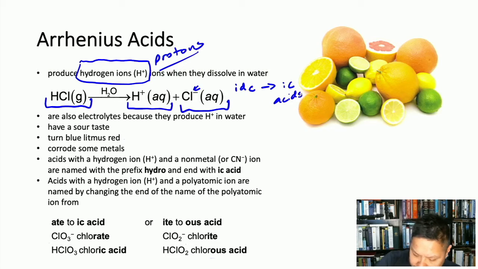And since these are singular anions, you also add hydro for the hydrogen that's there. So in this case, hydrogen chloride makes hydrochloric acid.